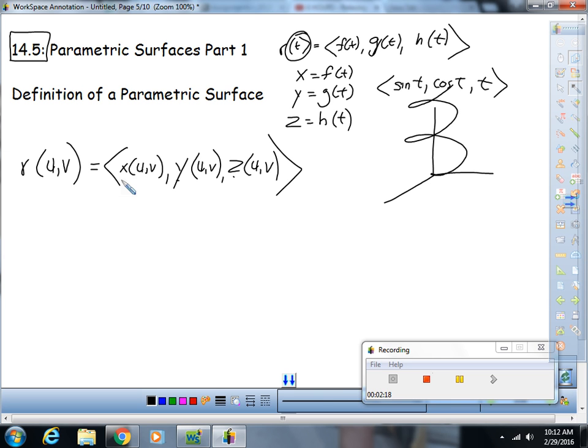The difference is that these parametric surfaces no longer give you lines, but are a new way to describe a surface.